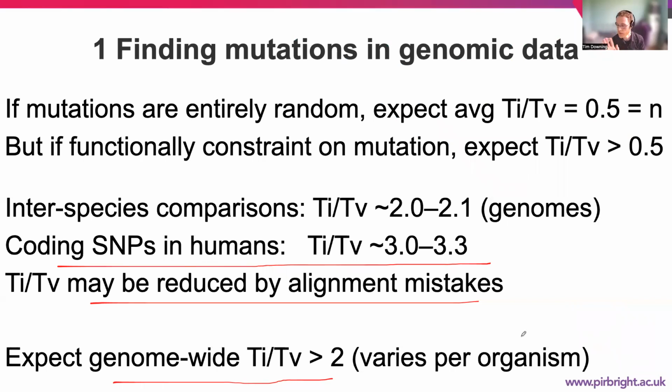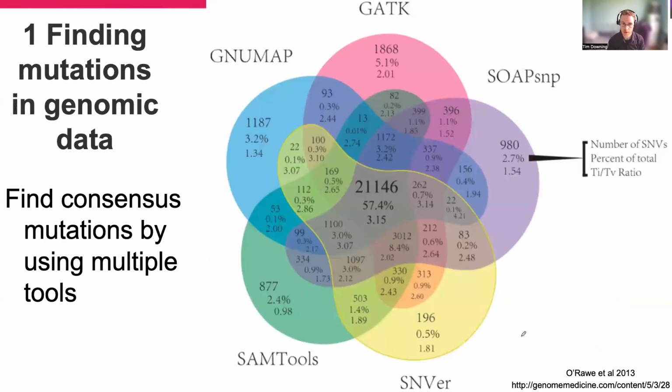Another conceptual aspect of inferring mutations is that the best way is to use multiple tools and look at the consensus across those tools. This is from Raw et al. 10 years ago, where they looked at different tools like SNVer, GATK, GNUmap, SAMtools, and SNVer, and they looked at the chance of having SNPs that got called by all 5 tools or subsets thereof.